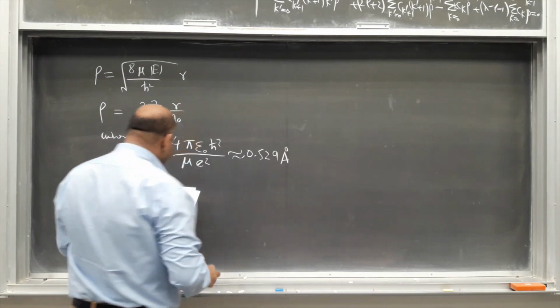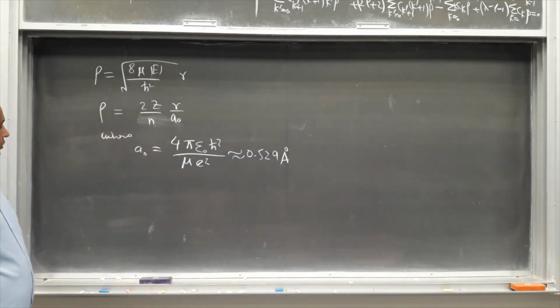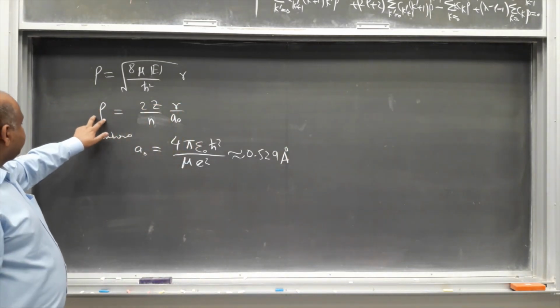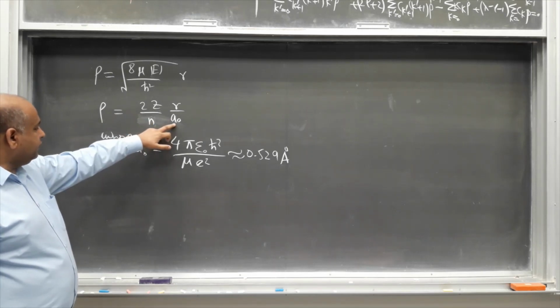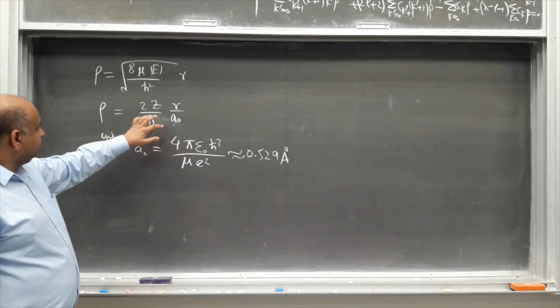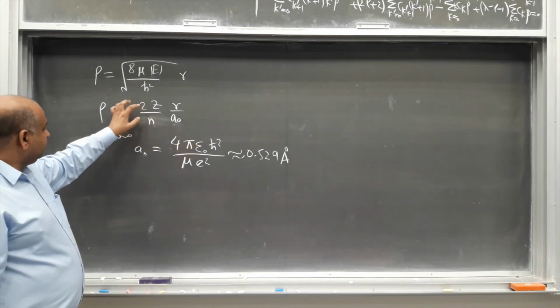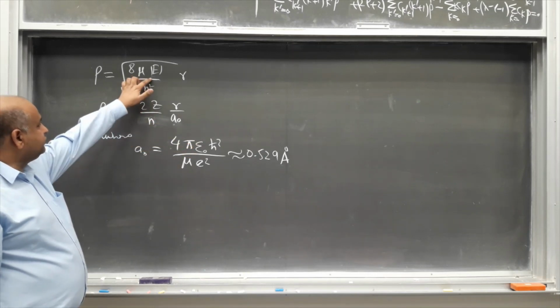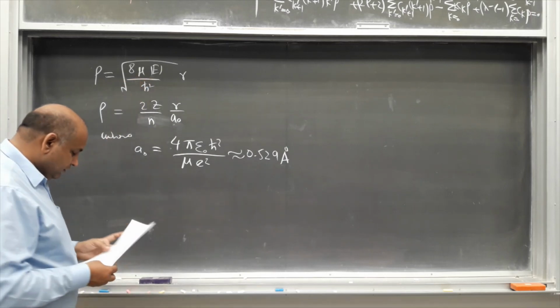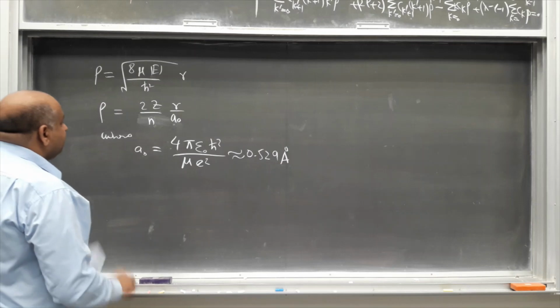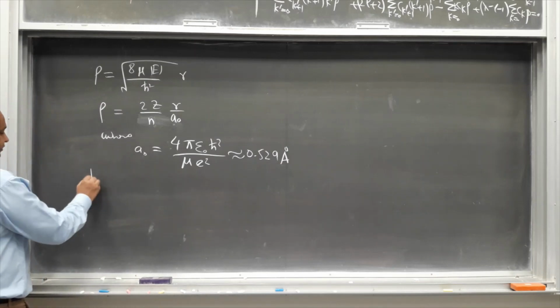Angstrom is 10 to the power minus 10. Okay, so we can describe our rho in terms of n and a naught. A naught is a length parameter, which is about half an angstrom, and n relates to the energy of the electron in that state.